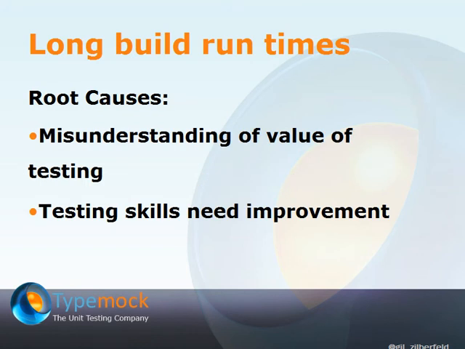Next slide. What are the root causes? Basically these two are going to repeat themselves in the other stuff as well, so don't be surprised later. First of all is misunderstanding the value of testing.